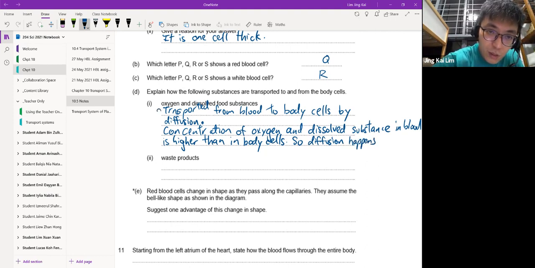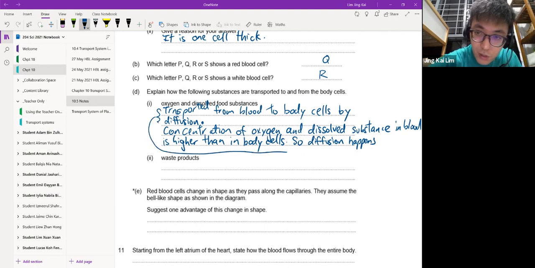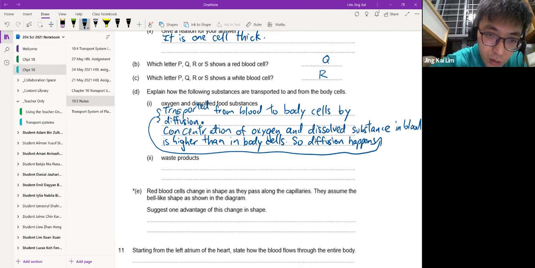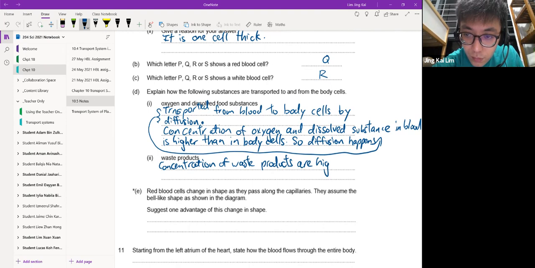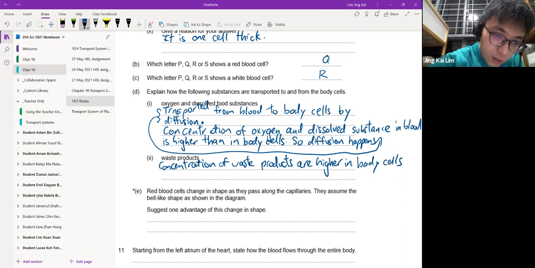Okay, and this is actually the second part here. Okay, so similarly for waste products, the concentration of waste products is higher in body cells than in blood.